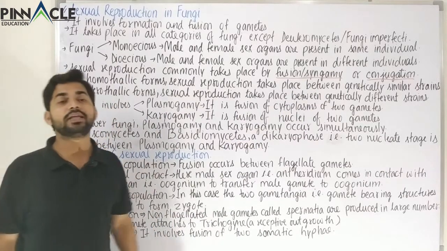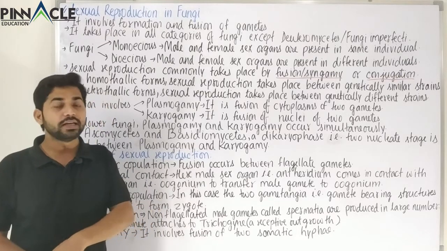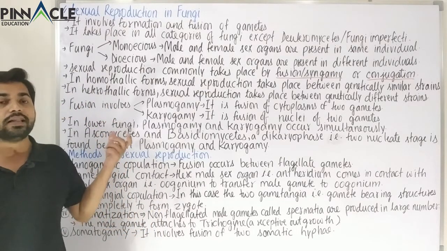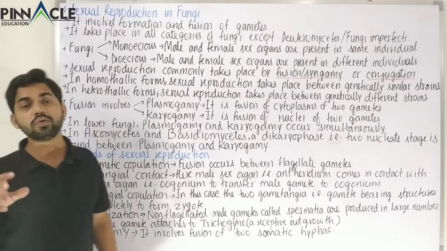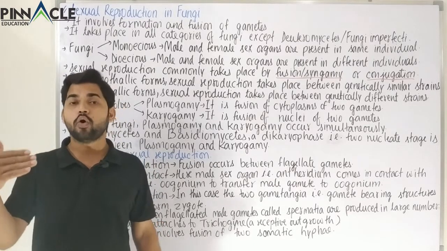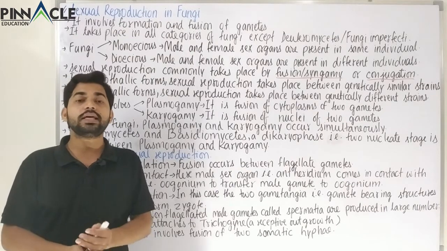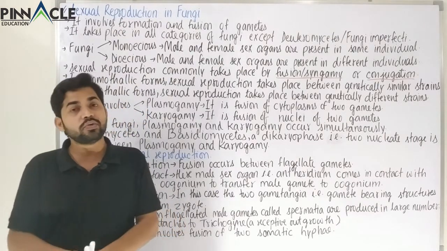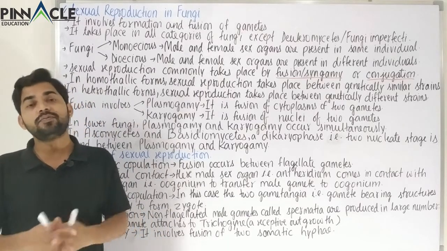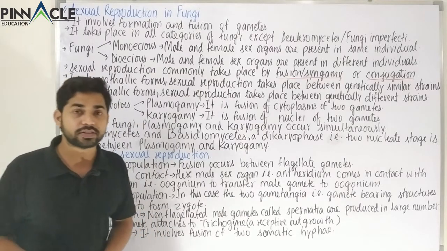Now apart from that, we have to understand something about homothallic and the other, which is called heterothallic. If a fungus is homothallic, the fertilization or sexual reproduction takes place between genetically similar strains.